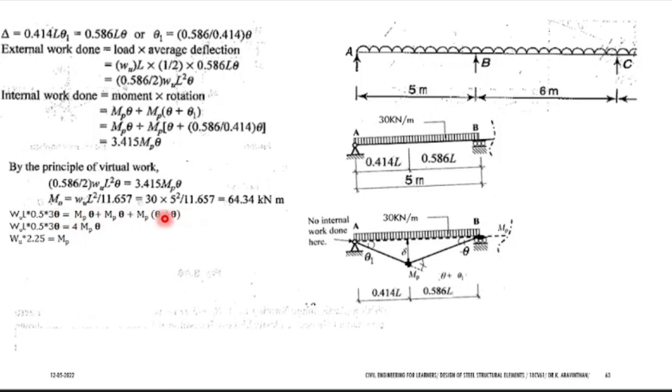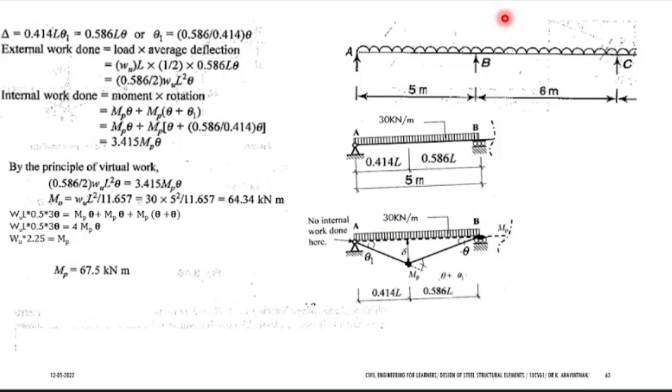If you add that you will be getting 4 MP theta, and this value will be the same. If you need MP, you can cross multiply this. 4 will go this side, theta and theta will get cancelled, you will be getting WU into 2.25 MP, 67.5 kilonewton meter.